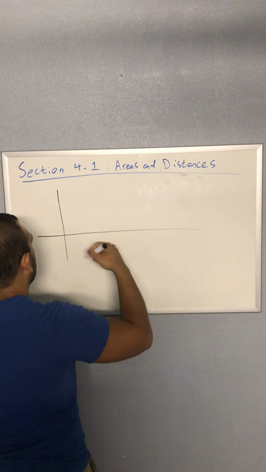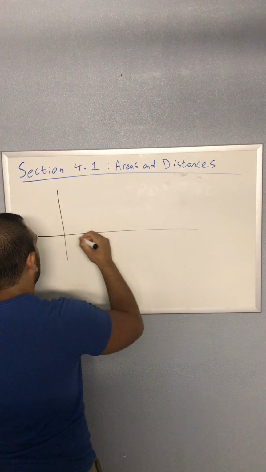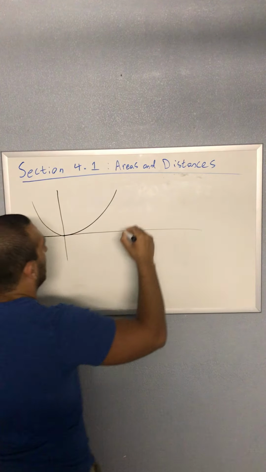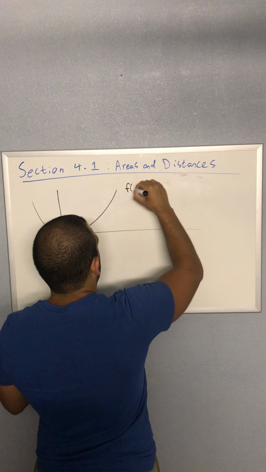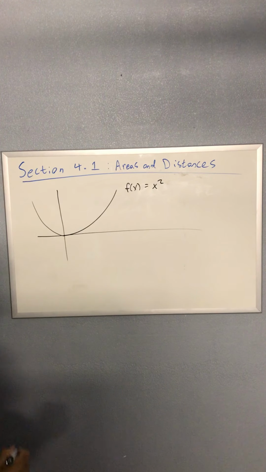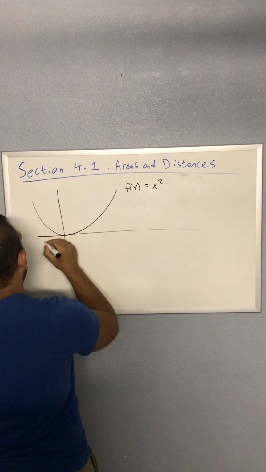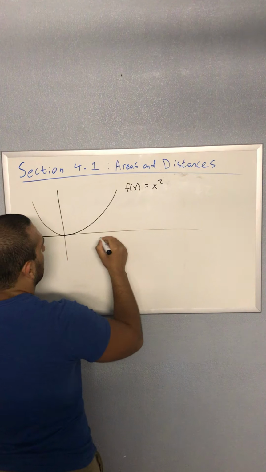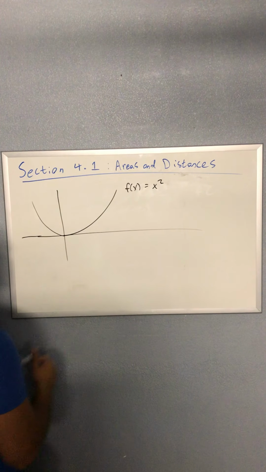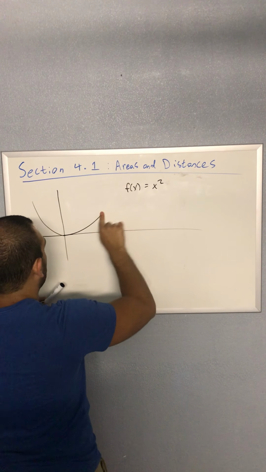So say we have some function. Let's just say we're looking at the parabola, f of x equals x squared. Let me draw this a little more symmetrically.